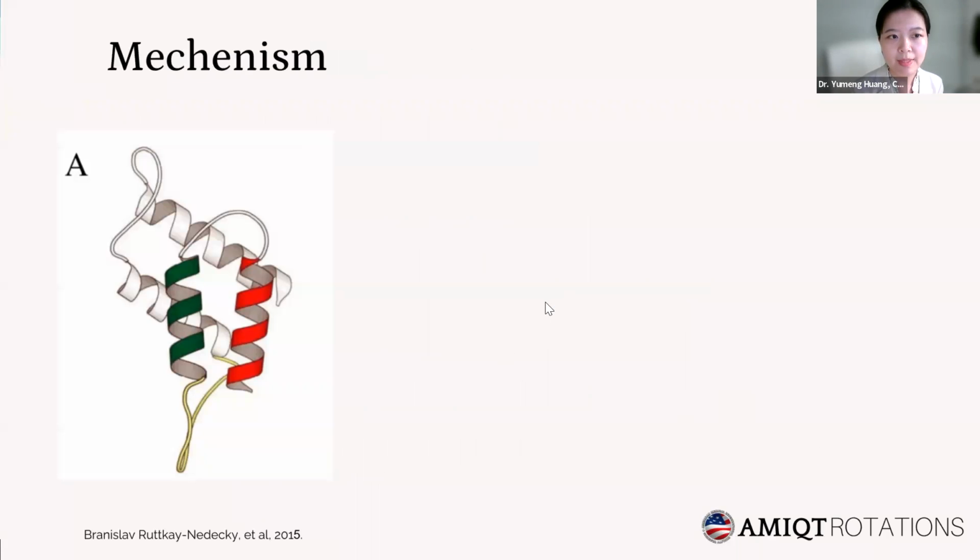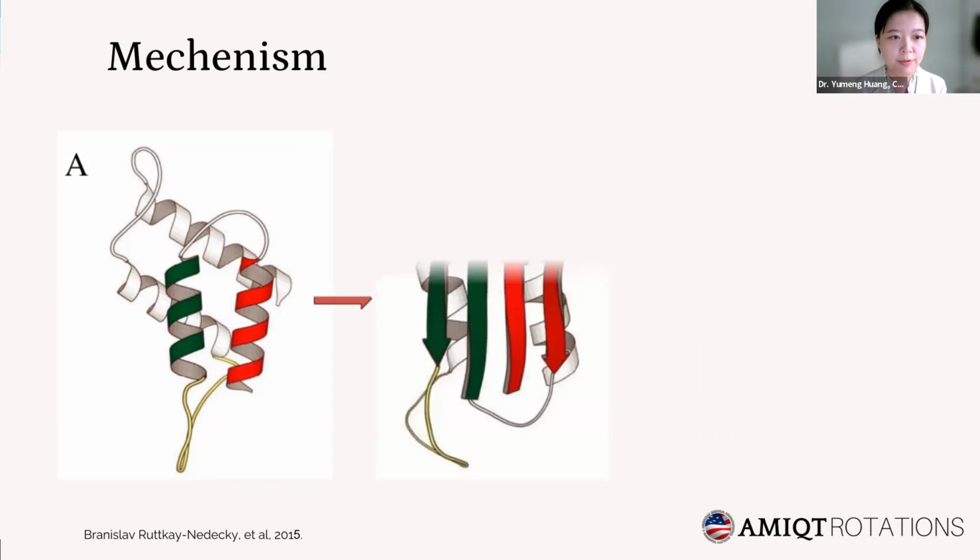So what is the mechanism behind prion disease? As you can see in picture A, this is the normal structure of PrPC, and the majority of the structure consists of alpha helices, which account for 43% of the protein.